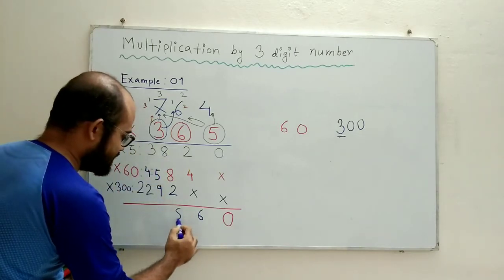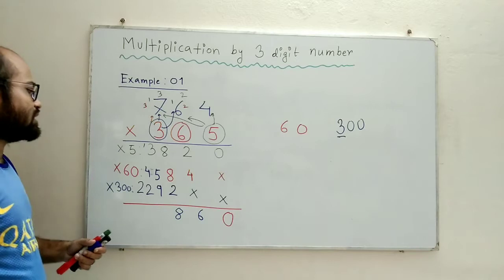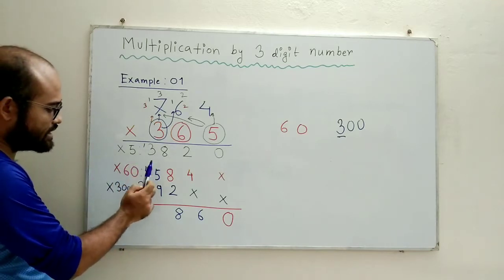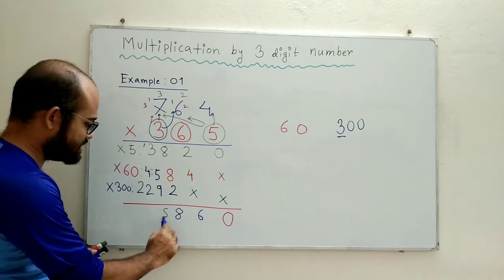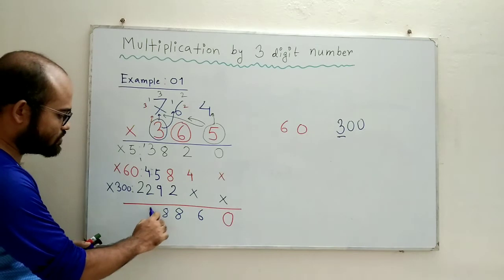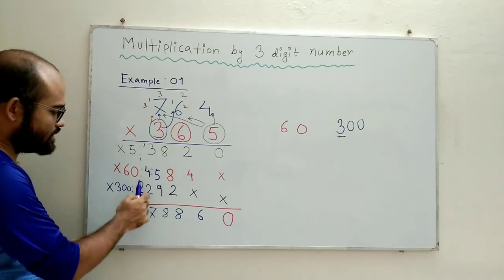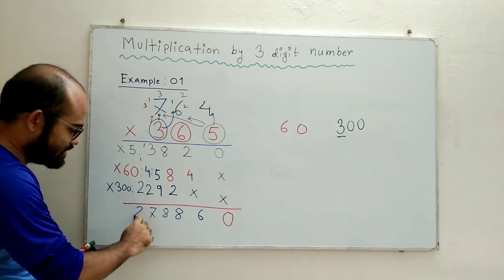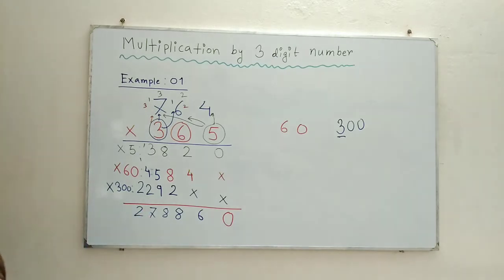So there is an 8, carry 1. So 3 plus 1, 4, 5 plus 4, 9, 9 plus 9, 18. Again carry 1. 4 plus 1, 5, 5 plus 2, 7. And finally we have only 2 and 0 above. So finally it gives us 2, 7, 8, 8, 6, 0.